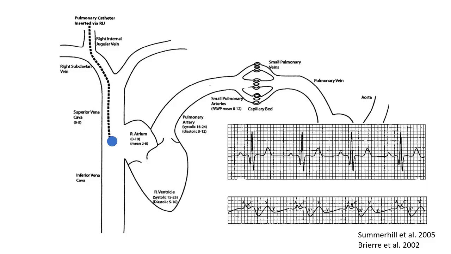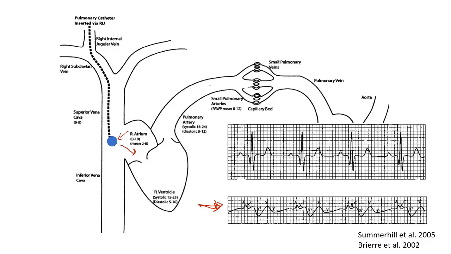So on the monitor, this should be hooked up and zeroed, and we should start seeing a pressure tracing that is the CVP tracing. Once we see that on the monitor, it's time to go ahead and blow up this balloon. So it would be with that 1.5 cc syringe. We blow up the balloon once we see the CVP tracing, and then we can continue to advance the catheter into the right atrium and so forth.